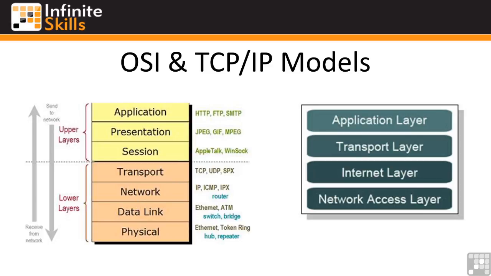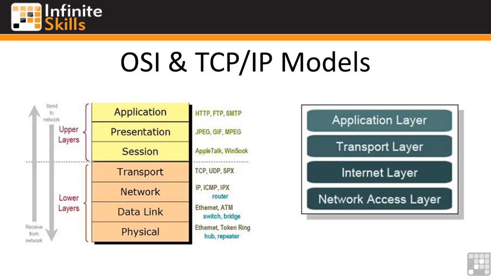Now, there's a couple of different models that you would typically talk about when we're discussing network protocols and network behavior. I'm going to just take a quick look at the TCP/IP model, and then we're going to go into the OSI model. And again, that's primarily because the OSI model is the one that is often used and discussed, although the TCP/IP model is used sometimes as well.